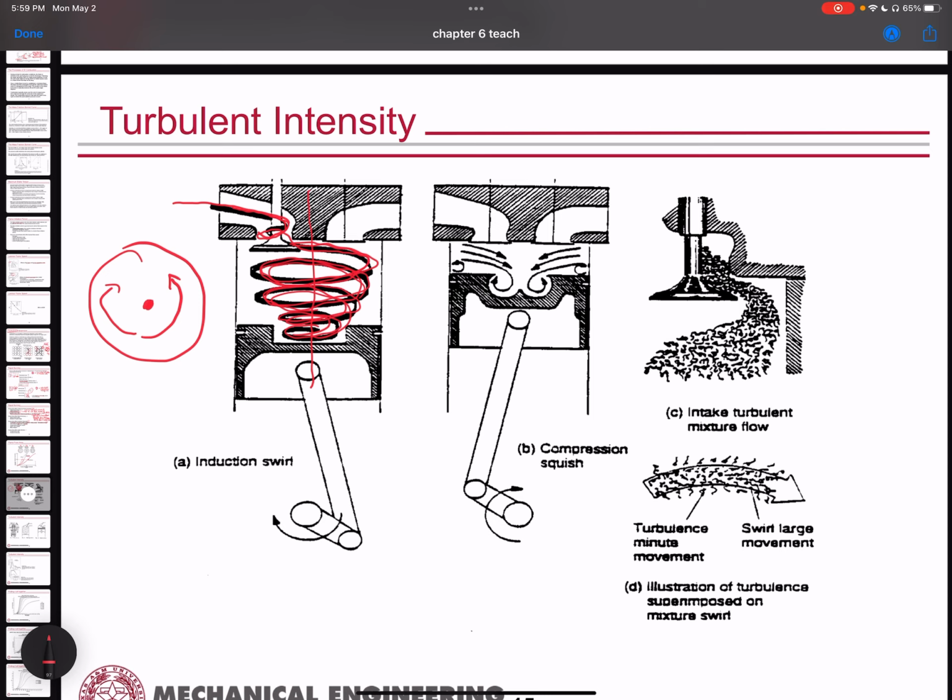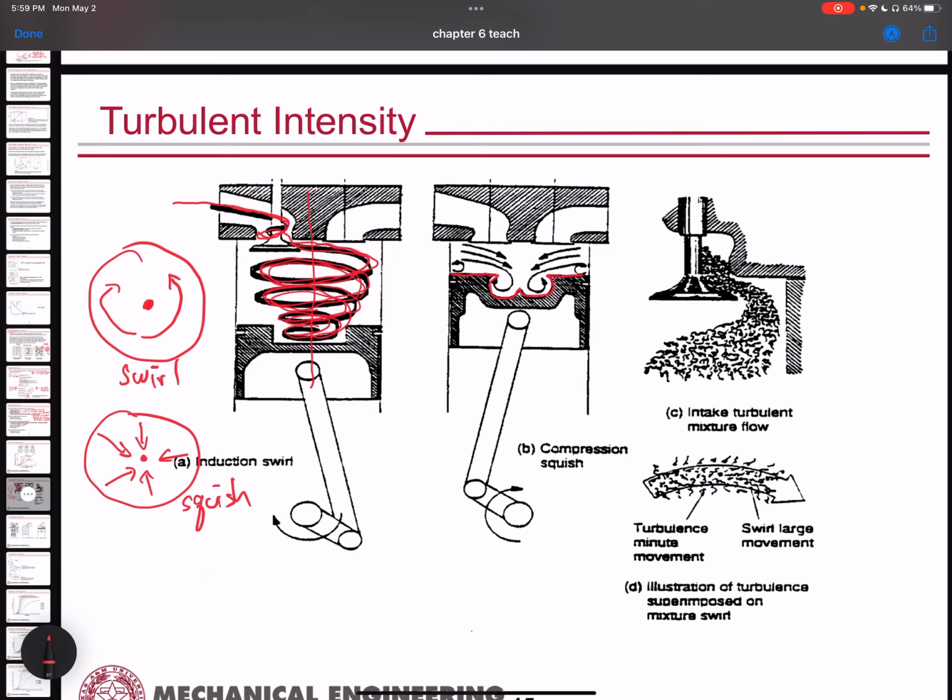We can also have squish, which is motion toward the center axis. So if this is swirl, where we have motion around the center axis, then squish is going to be motion toward the center axis, right? So this is basically your squish pattern, okay? And very often the way that we design squish in is by having a bowl designed into the chamber.